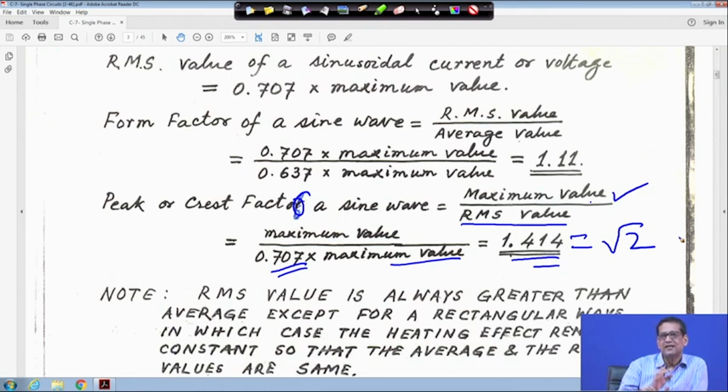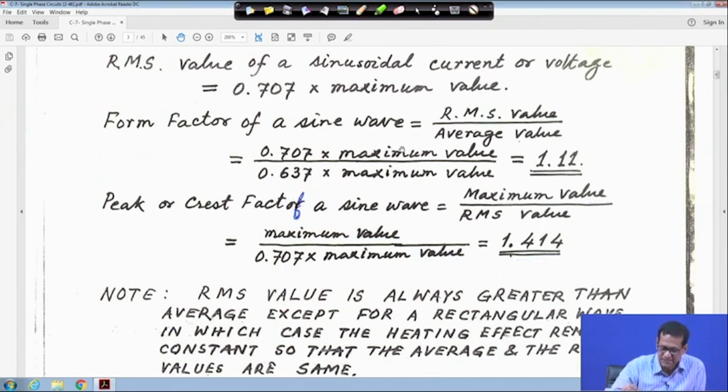So that is the idea: in AC, any calculation we do is on the RMS value, but if it is given as the peak value, it will be multiplied by root 2. That is the peak factor.